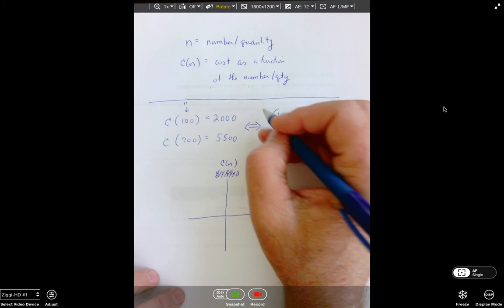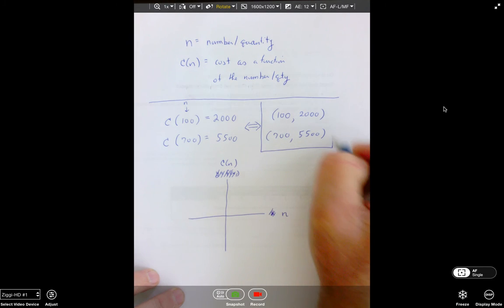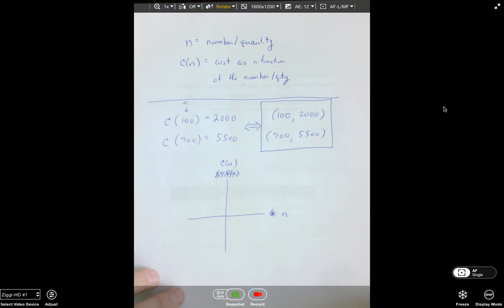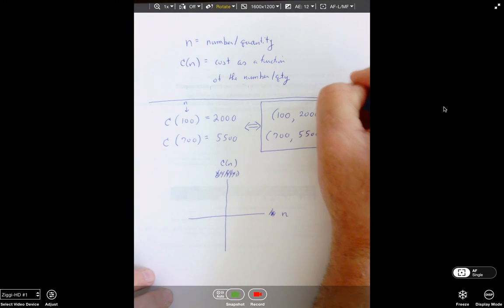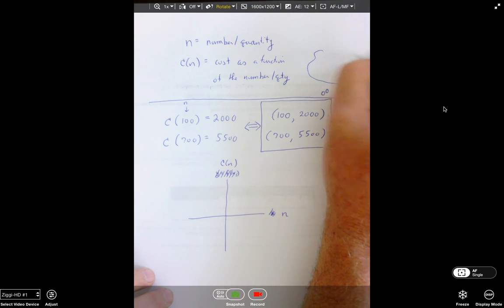Now, we want to find a cost function. Have we seen anything like this before, where we have two ordered pairs and we want to create the linear function? Absolutely, we just did it, with 1, 4 and with negative 2, 13.